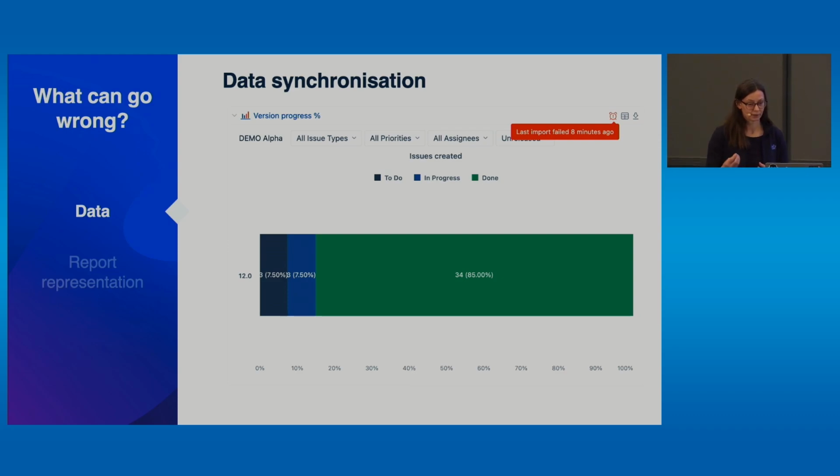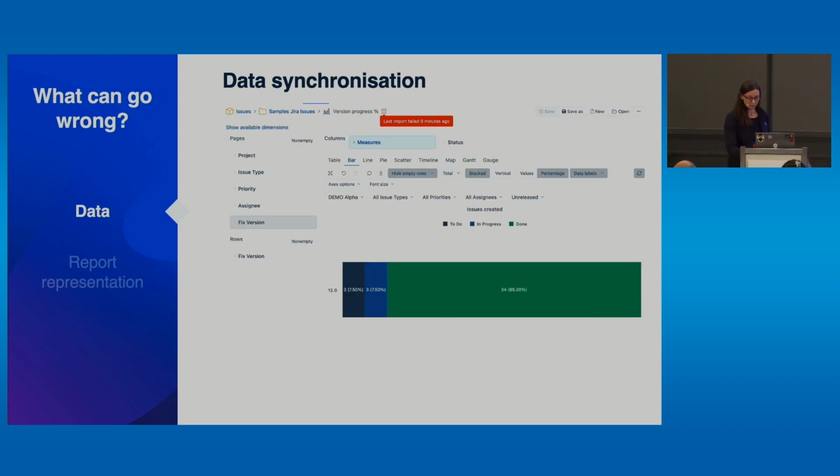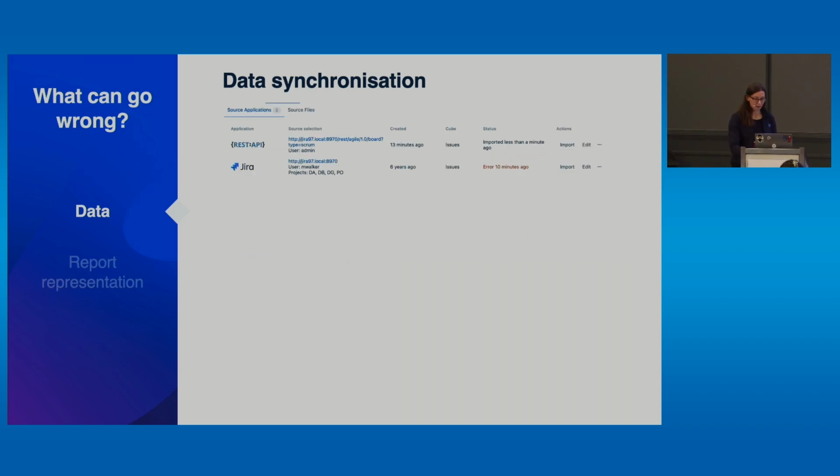For example, in Jira gadgets, Confluence gadgets, or our dashboards, you can see this red clock and check the last import status. The same when you open the report: if you see the red clock, maybe the import failed. However, we also suggest checking import options, the source data screen.